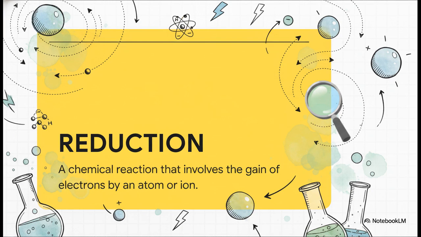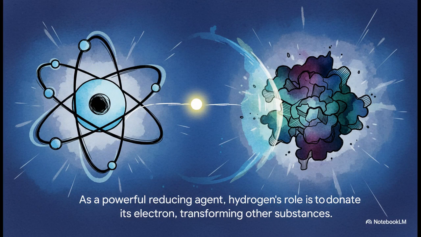Now, I know reduction sounds like something is getting smaller, but in chemistry, it means an atom is gaining electrons. And this is hydrogen's superpower. It is a fantastic reducing agent. It's just so generous with its one little electron. It's always looking to give it away, which makes it the ultimate electron donor. It hands off its electron, and in doing so, it reduces whatever it reacts with.